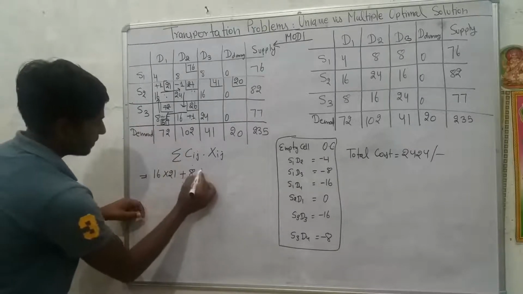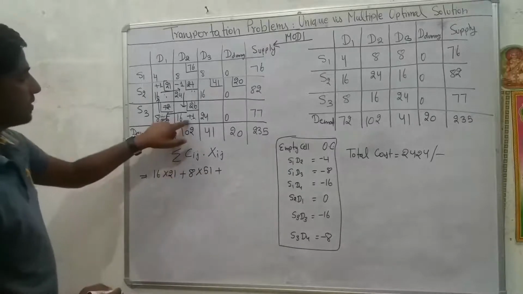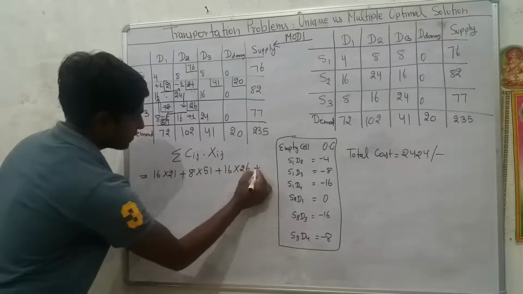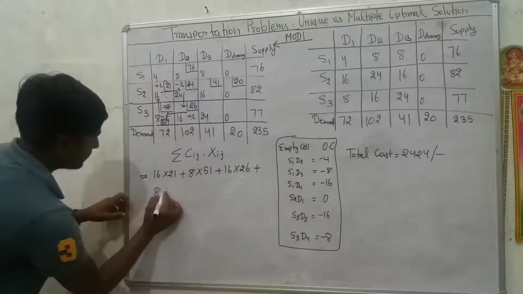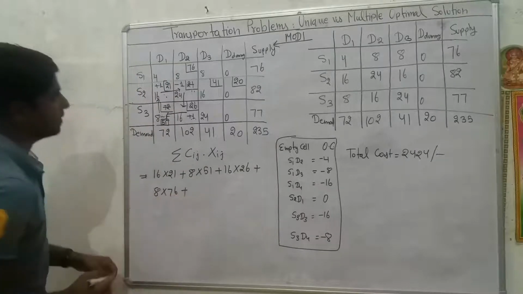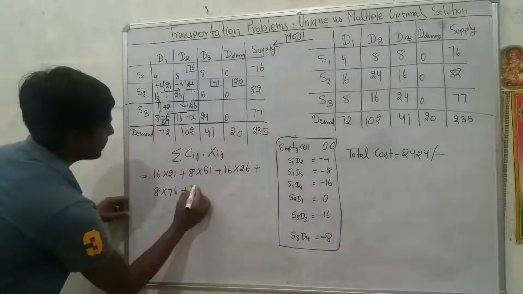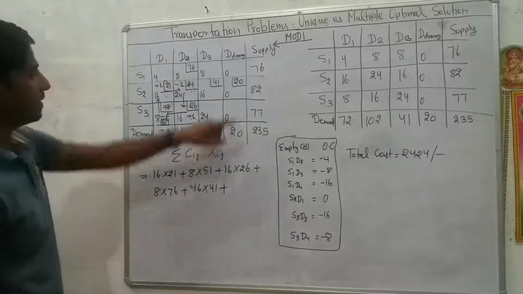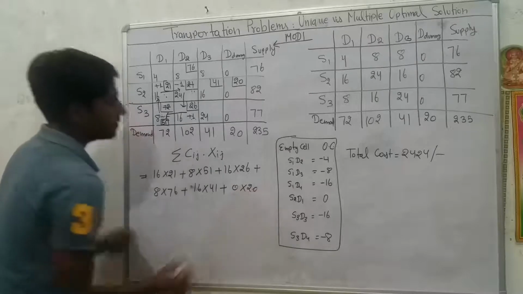So 8 into 51 plus, for this particular cell, 16 into number of units, that is 26, plus for this one 8 into 76 plus, and for this one 16 into 41, and for the dummy column it is 0 into 20.